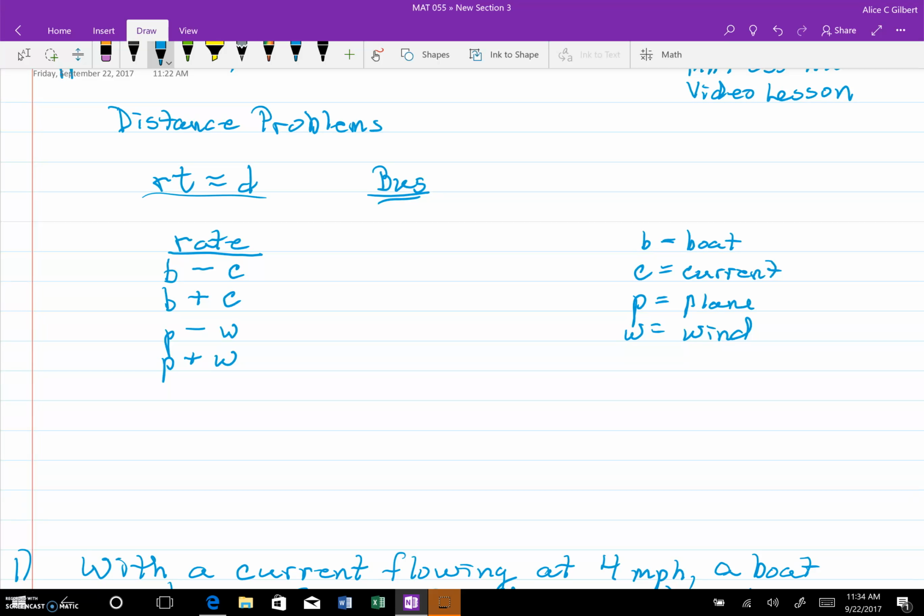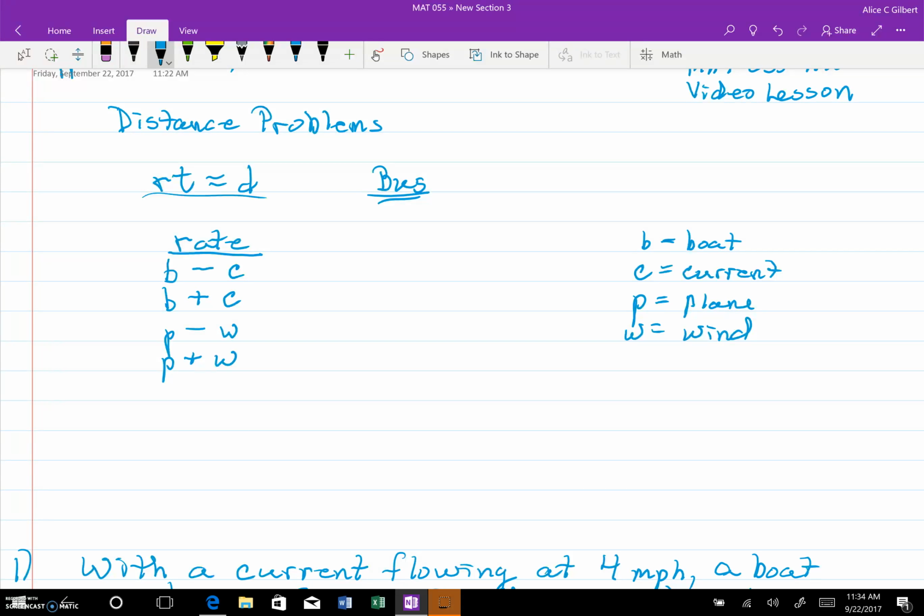Or you are saying, if you put current first and boat second, you are saying that the boat is determining how fast the current is flowing. Is that possible? Well, it's not.